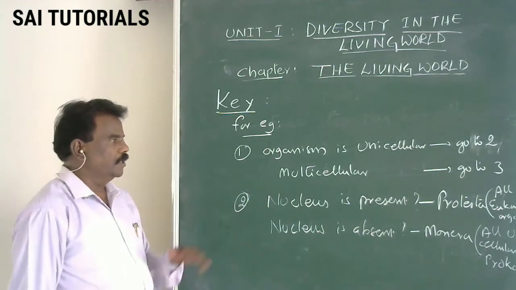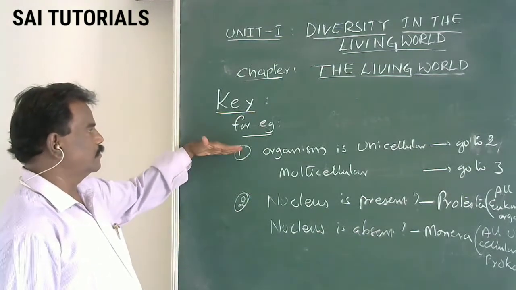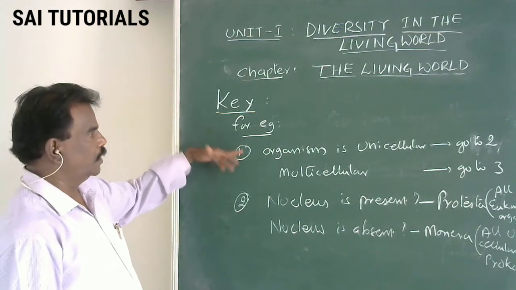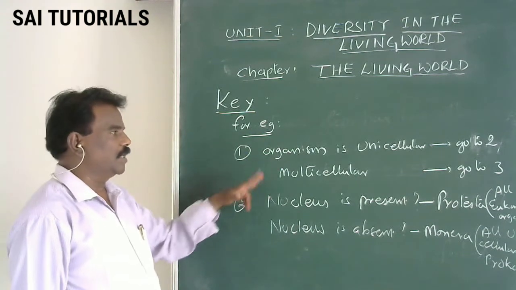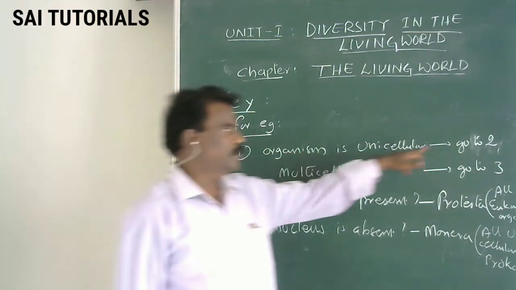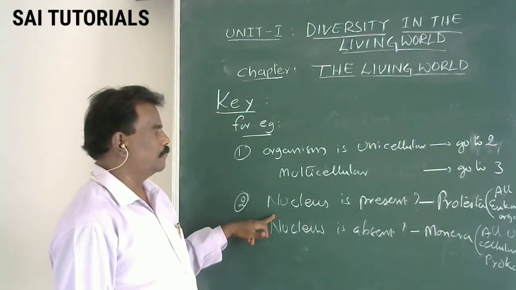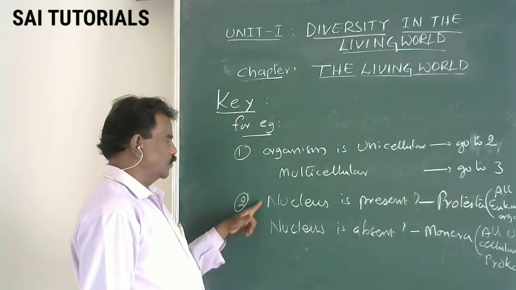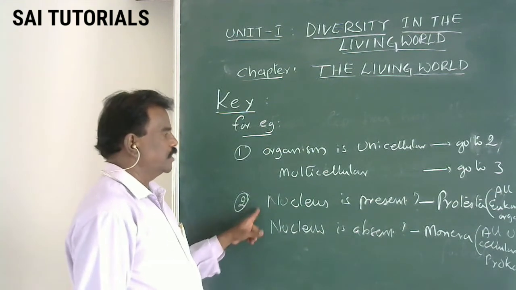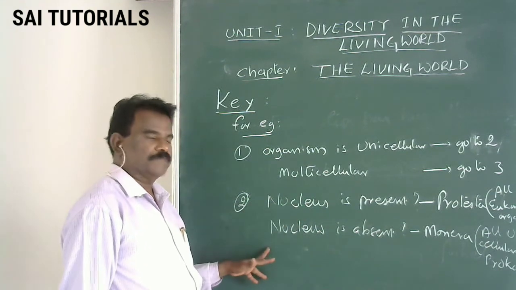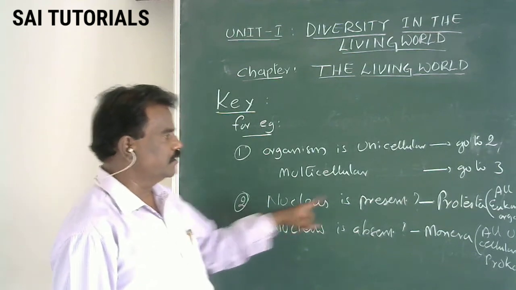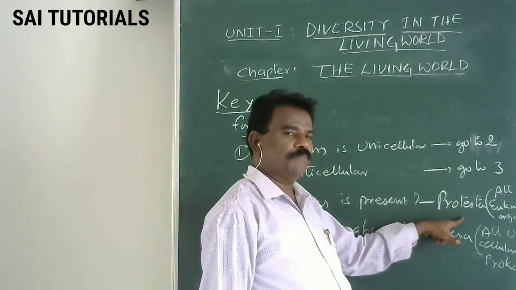So like this, first we ask whether the organism is unicellular or multicellular. If it is unicellular, we go to the second couplet. In the second couplet, there are two more statements: whether the nucleus is present or absent. If the nucleus is present, that organism belongs to Protista.